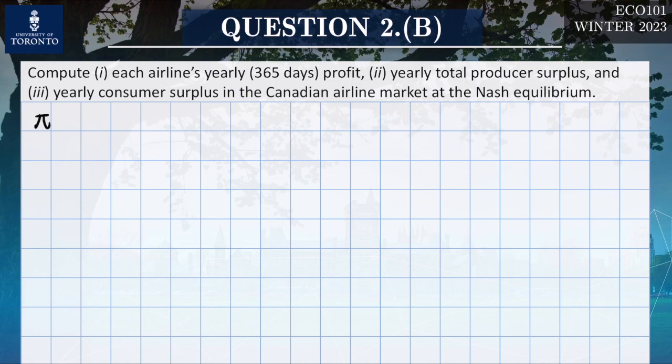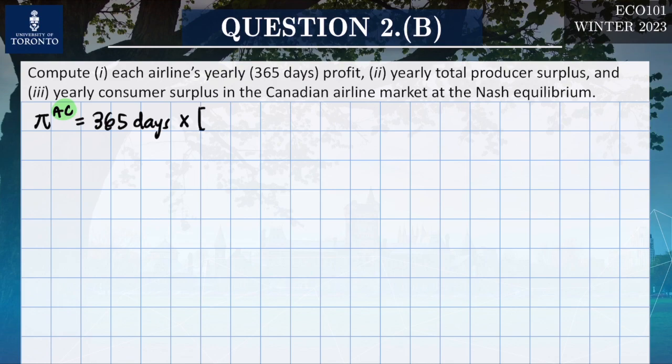The profit for Air Canada, which is going to be exactly the same as EasyJet because this is a symmetrical problem. We want it in annual terms, so we're just going to multiply everything by the number of days, because what we just found is the daily number of tickets that are sold by the airlines. And the rest of the profit should be very easy.